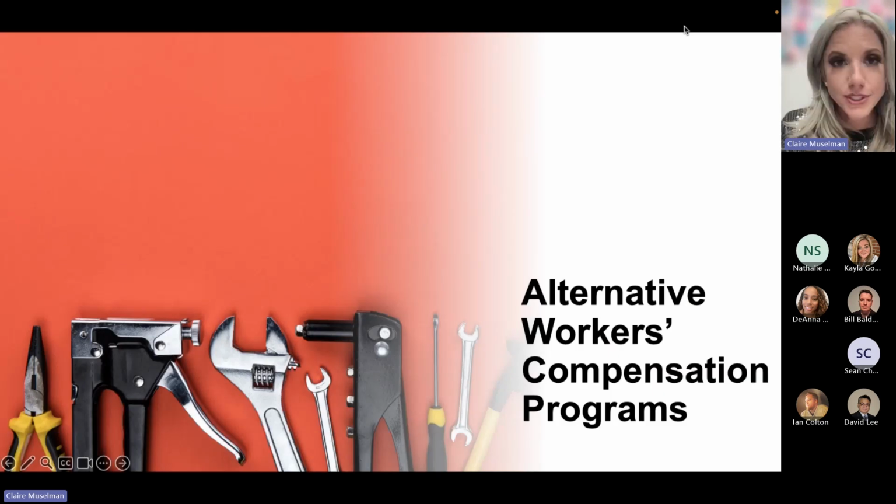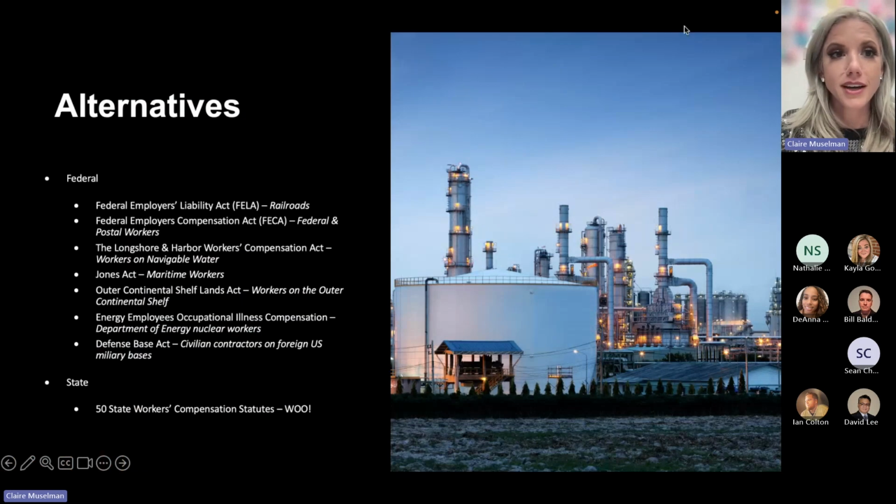Also, not to confuse you guys, but there are a lot of other alternatives that exist, and I just want to touch on them. There are specific terms for railroads. The Federal Postal Service has its own work comp acts. We've got maritime. We have energy for nuclear workers. The U.S. military has its own.